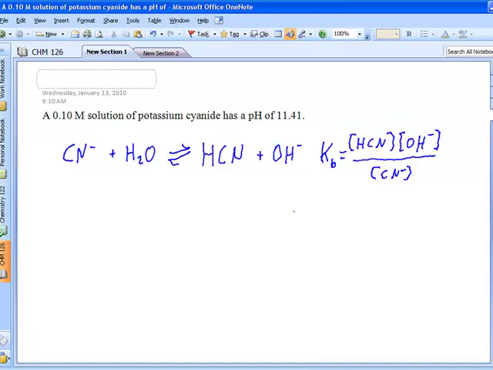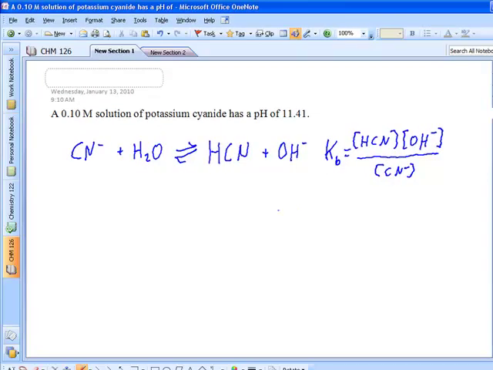What we can do from the pH is calculate the pOH, and then from the pOH we can calculate the hydroxide ion concentration. To calculate the pOH, we take the pH and subtract it from 14, which is pKw. And that gives us 2.59.